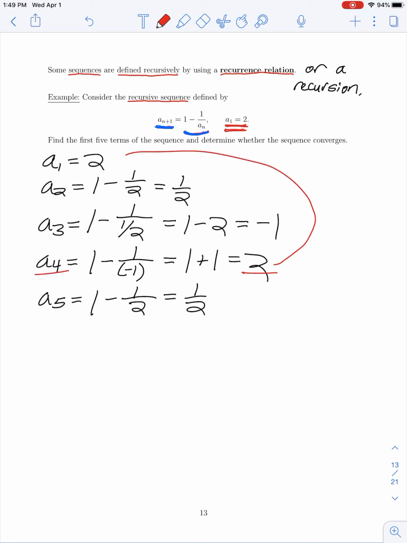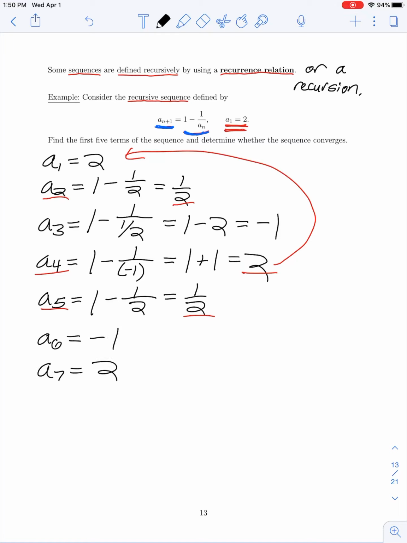Now at this stage, we notice a pattern emerging. Notice that the term that we found for a4 was 2. And that is the same value that we had for the first term of our sequence, a1. So it follows then that the next term in our sequence, a2, or 1/2, would be the same as a5.